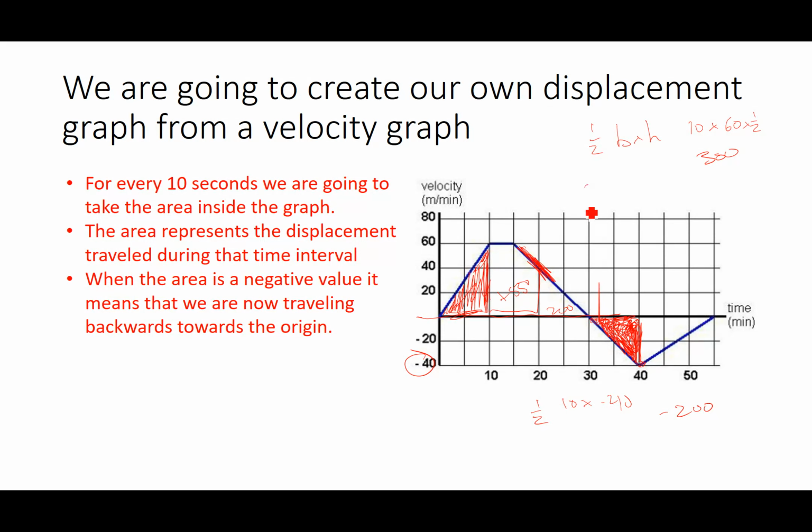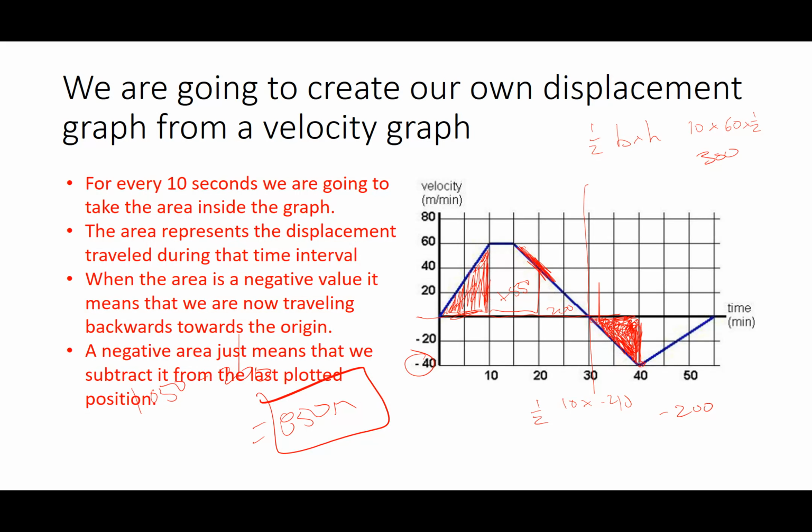So my area to this junction would have been 1050, and then I subtract 200 to know that I am 850 meters from my origin at that point. So the negative area just means that we subtract it from the last plotted position. And then we're good to go.